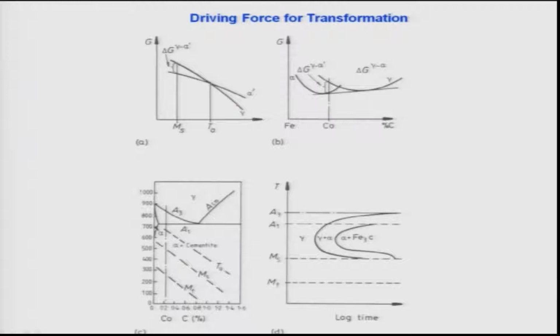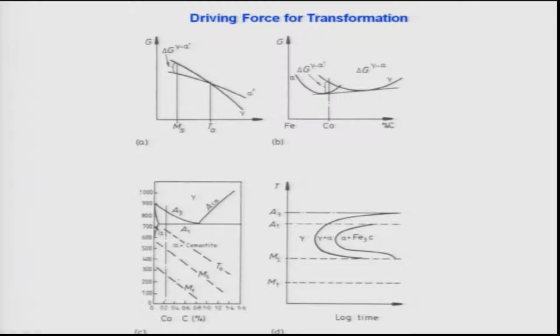It is possible to do a similar analysis for all the steels of different carbon concentrations, like 0.1 to about 1.4%, and then we can obtain the T0. T0 corresponds to the equal free energy points for gamma and the martensites, and that can be plotted. If I plot that curve, it will look like this, as shown here by this T0 line.